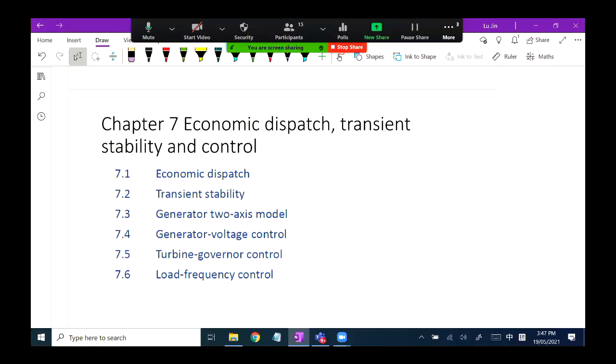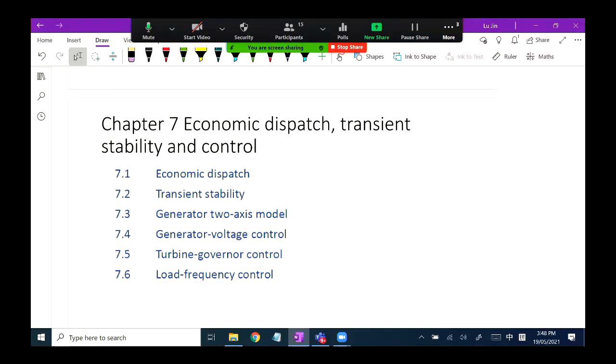Regarding the economic dispatch, I think in the tutorial this week I talked about this, right? There are 3 models. All 3 models are about the optimization of the running cost of the generators in the system.